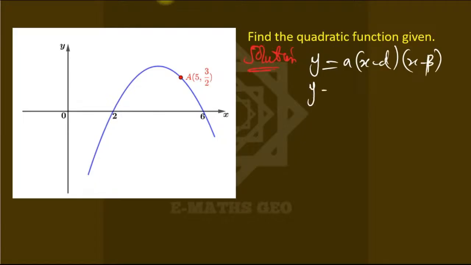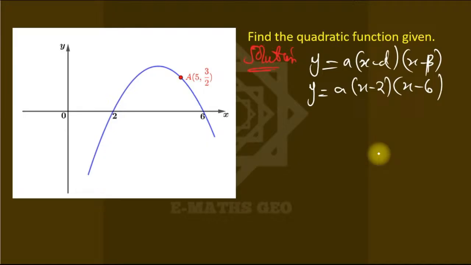From the diagram, alpha is 2, so x minus 2, while beta is 6, so x minus 6. Just where you intercept the x-axis, that's the alpha.